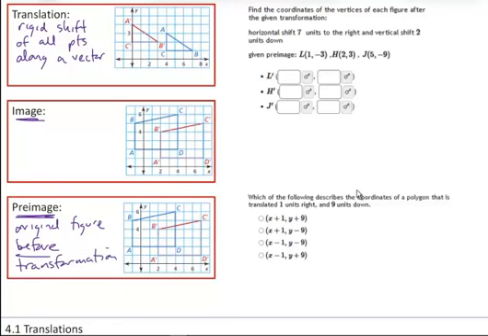In this case, it's generally identified with the letters with none of the apostrophe or the symbol for prime next to it. So ABCD is the original. Up here, your original pre-image is ABC. And then the image is the ending result, what the new figure is after the transformations are applied.